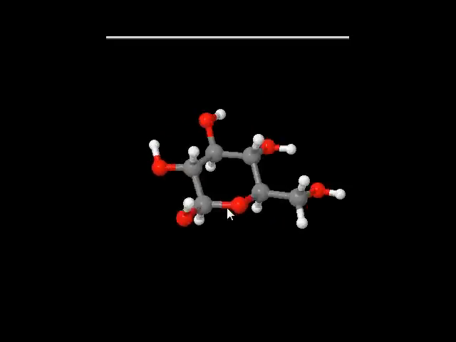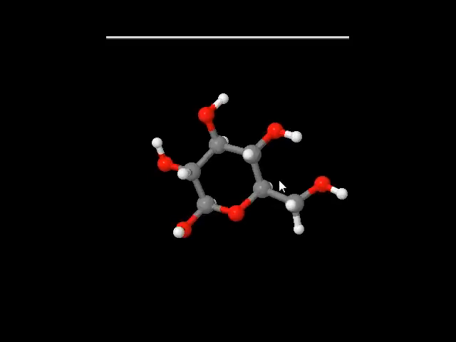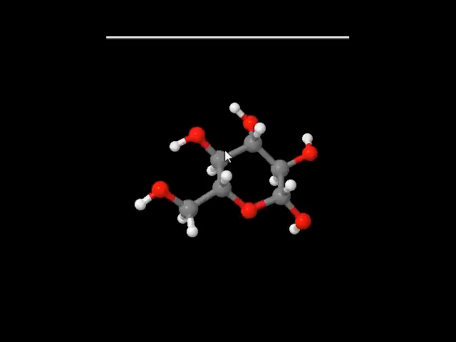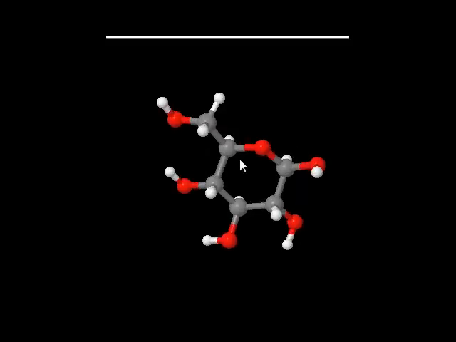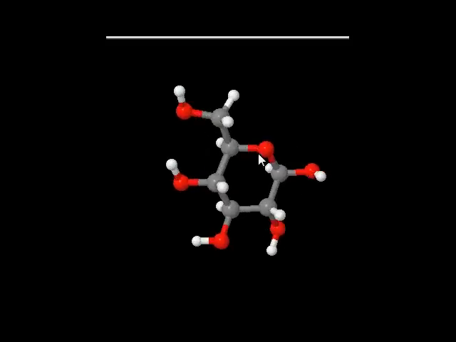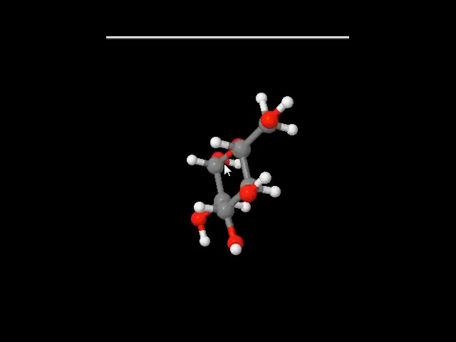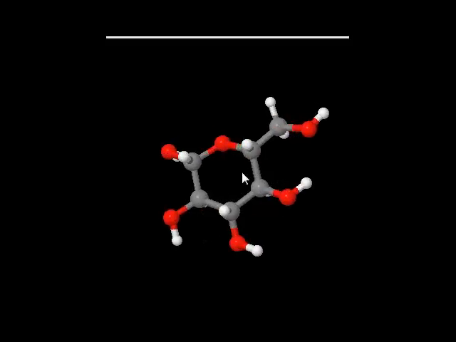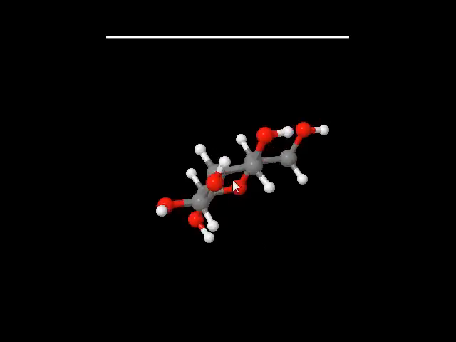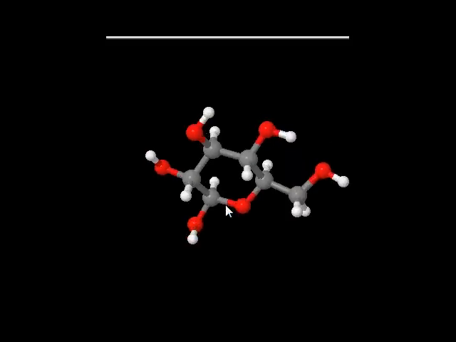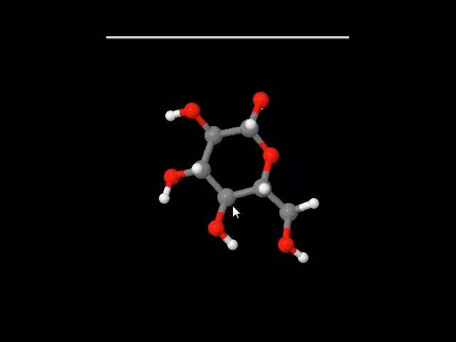But there is a lowest whole number ratio of elements, and if we separated the elements, that'd be what the percentages would be. We'd be able to find the mass percentage of each element, and then we could also figure out the lowest whole number mole ratio, which is our empirical formula. But for this molecule of glucose, the molecular formula is C6H12O6.